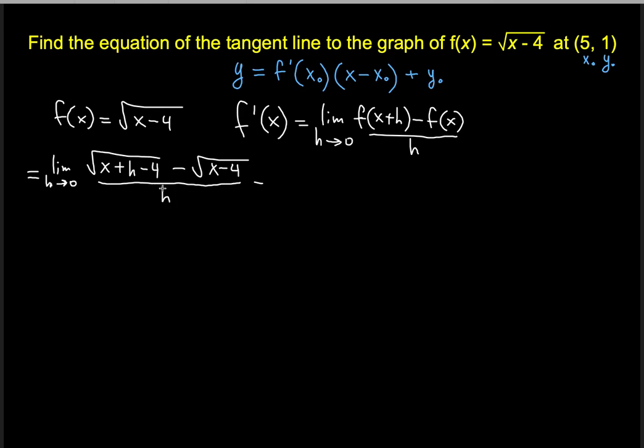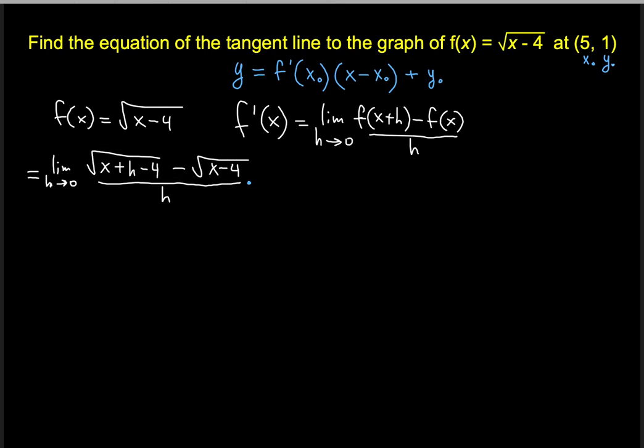So to do something, you need to actually use the conjugate of the top, the conjugate of the numerator. Multiply both the denominator and the numerator by the conjugate of the numerator, meaning these two terms will be the same except there will be a plus sign.